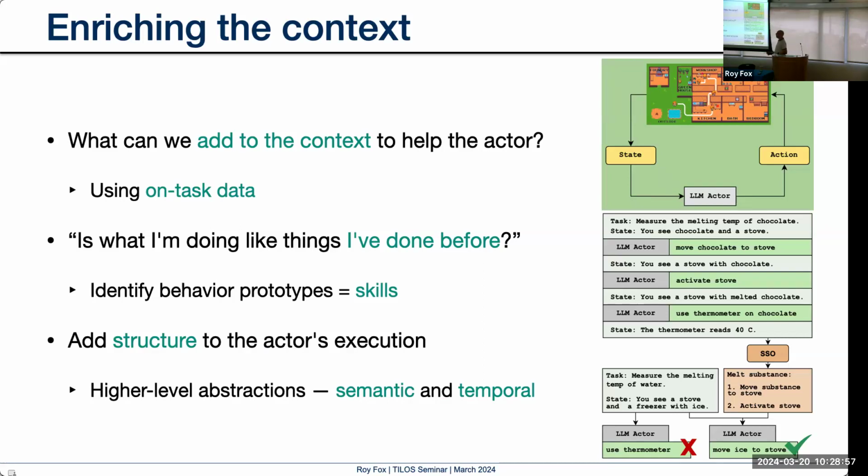Once we move from low level control of motors and so on to language, we're already at some abstraction, at some higher level of thinking about the problem. But we're going to move into a higher level still, both semantically and temporally. So we have temporally extended actions, and that's going to help our generalization.